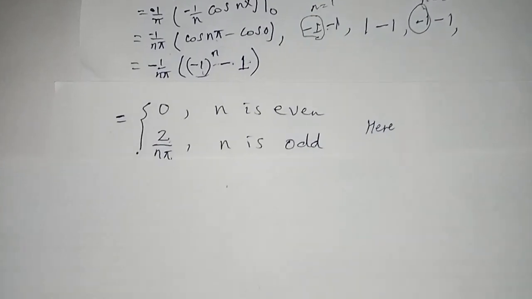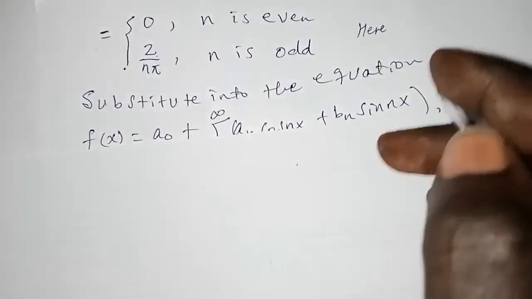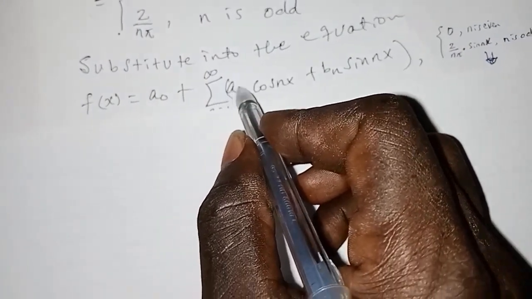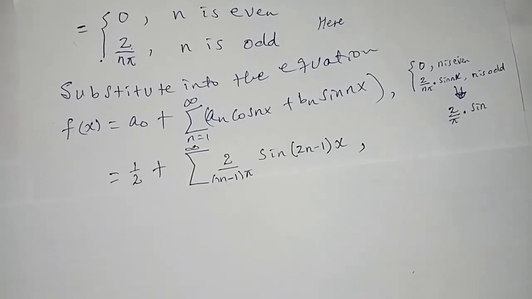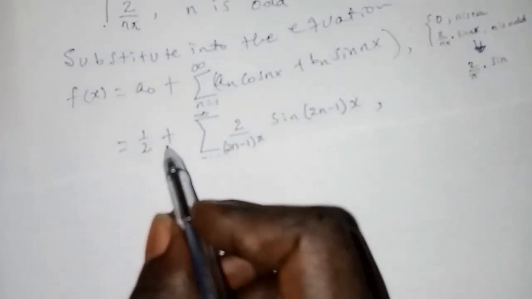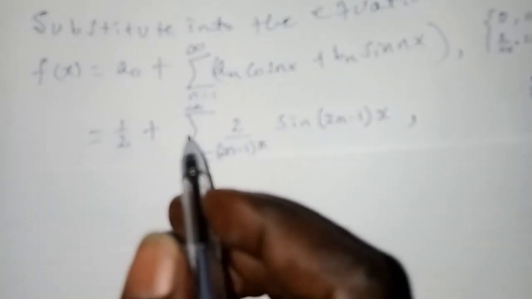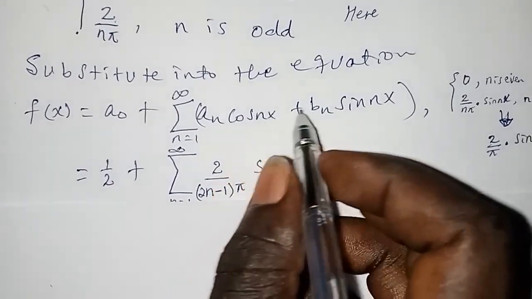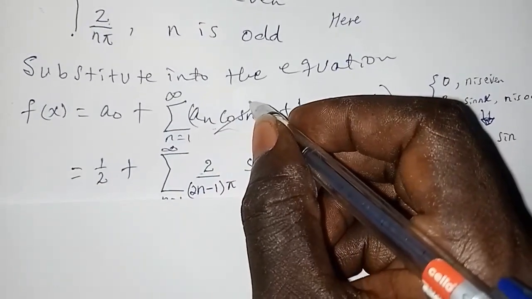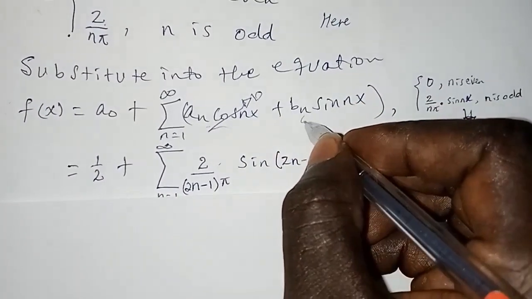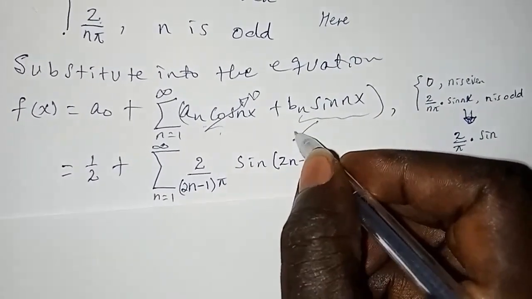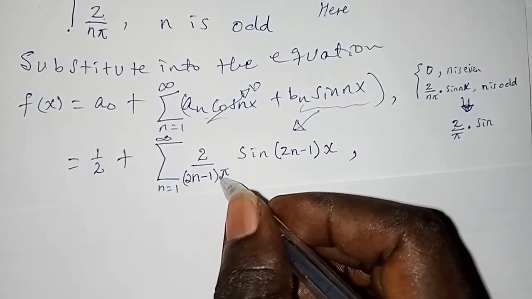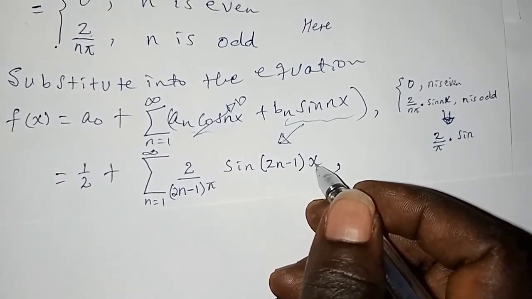And after you substitute these values into the Fourier series representation, f of x equals a naught plus this one. Here a naught is 1 over 2, plus the summation where the a naught term is 0, and the value for this one is only 2 over (2n minus 1) pi sine (2n minus 1) x.